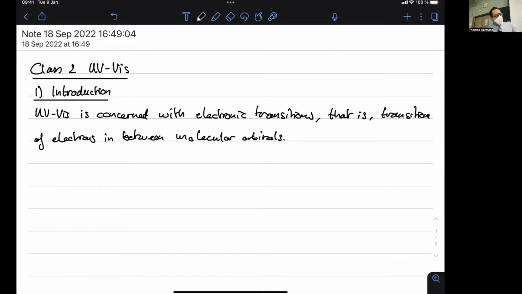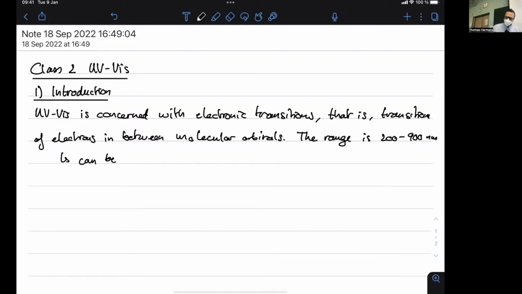Big enough now? Yeah, okay. So we're going to talk about molecular orbitals a bit later, and the range is usually 200 to 900 nanometers, okay, wavelength.